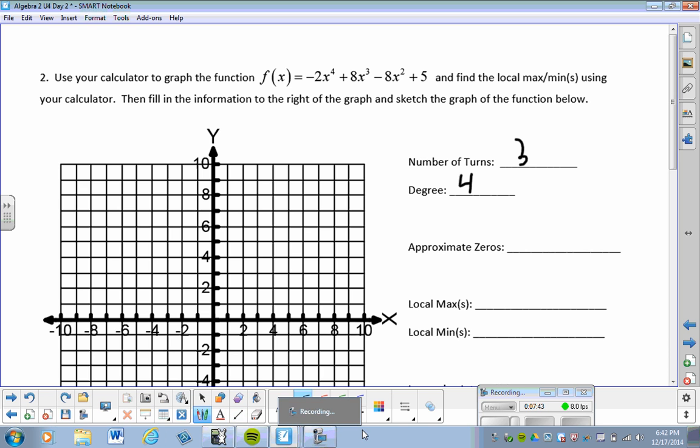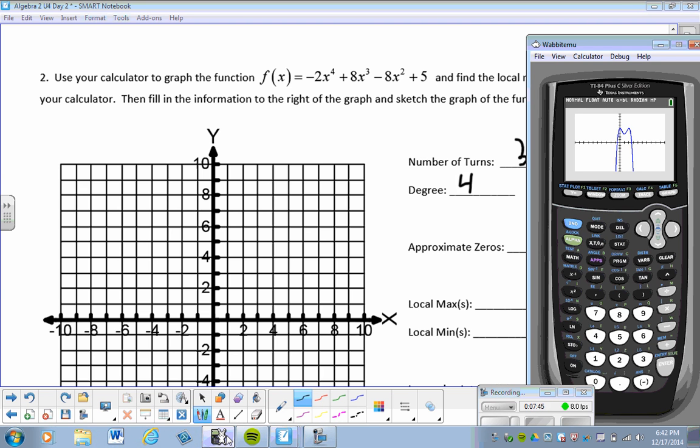The approximate zeros, looks like it's negative 7/10 and 2 7/10.